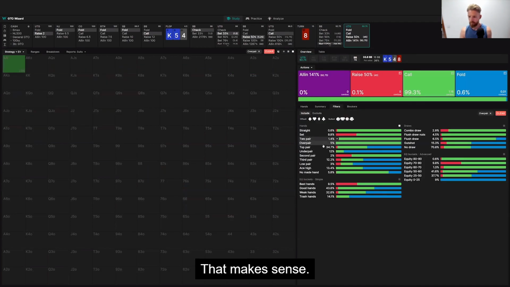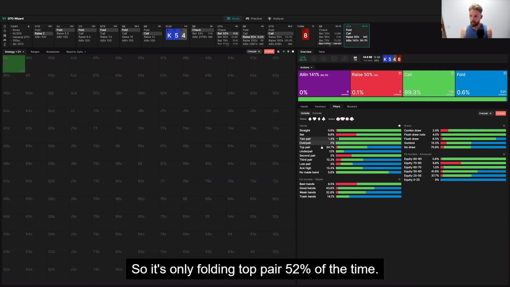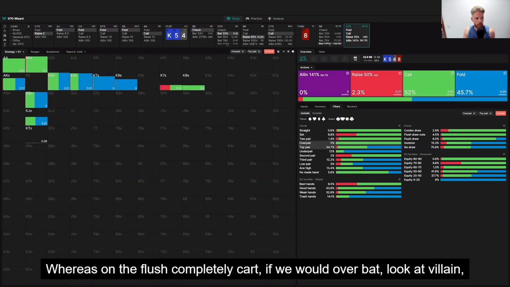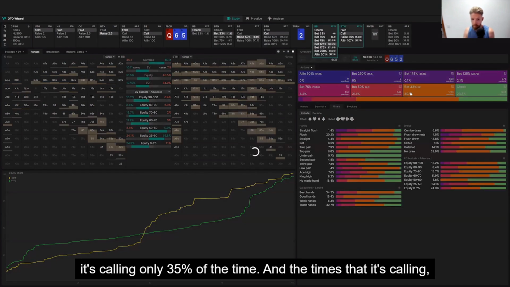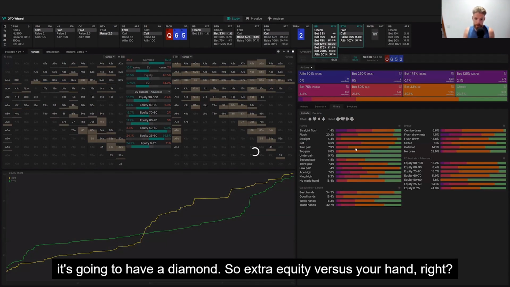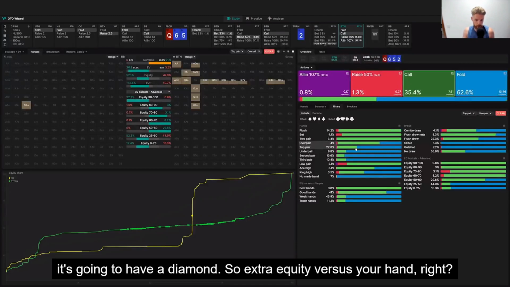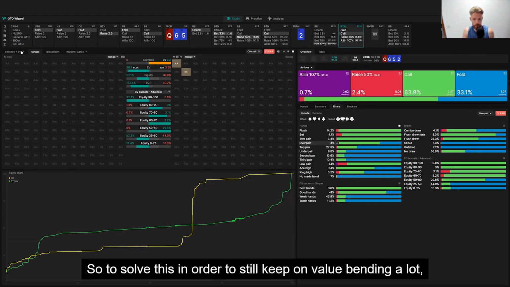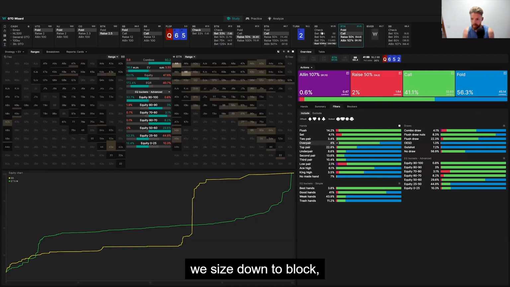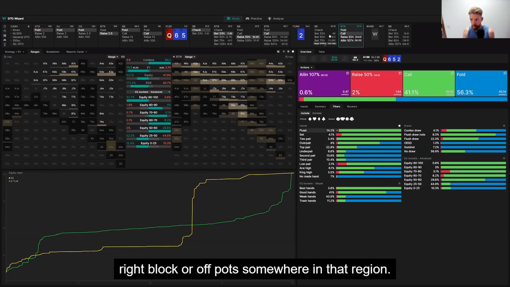Oh, wait, I said two pair. That makes sense. So it's only folding top pair 52% of the time. Whereas on the flush completing card, if we would overbet, look at villain, top pair, over pair, it's calling only 35% of the time. And the times that it's calling, it's going to have a diamond. So extra equity versus your hand, right? So that's trouble. So to solve this, in order to still keep on value betting a lot, we size down to block, okay?